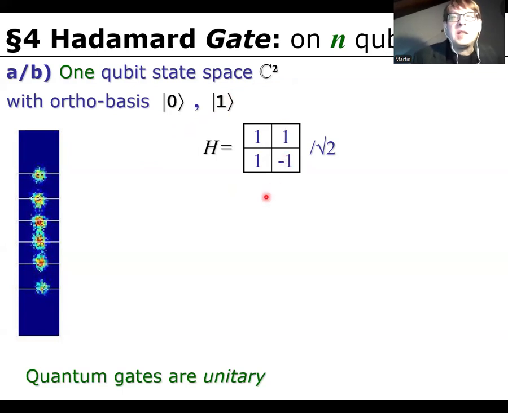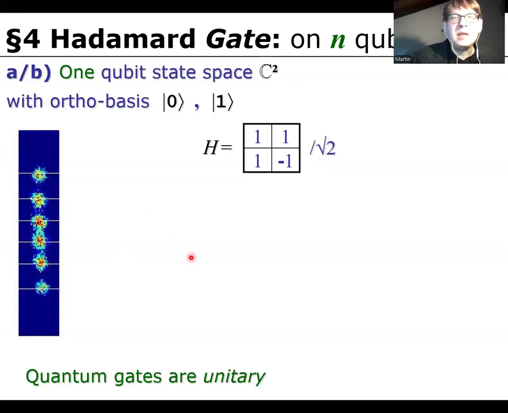So this creates entanglement, and it's often used as the initial step in many quantum circuits to create entanglement, and that's why maintaining entanglement is so important when we're trying to realize quantum computers and quantum circuits.